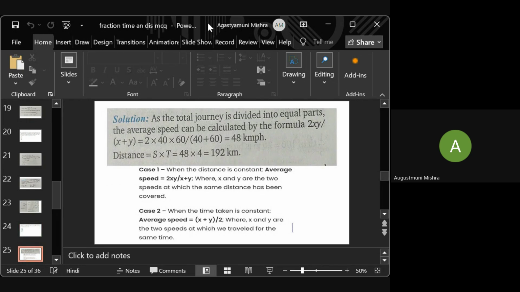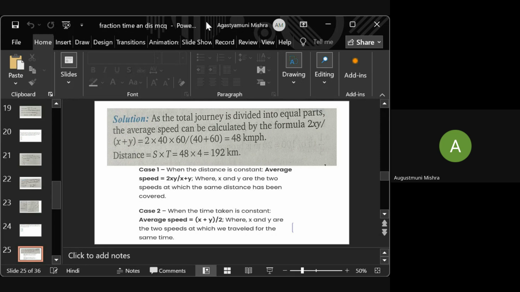So the correct answer is 192. Now observe the formula here, that is for average speed. I also mentioned the average speed formula below, 2xy by x plus y. You can note it down, because at the start of our session I had not included this, since many times UGC NET does not give average speed questions, but I observed in many question papers that there is a little bit of average speed.